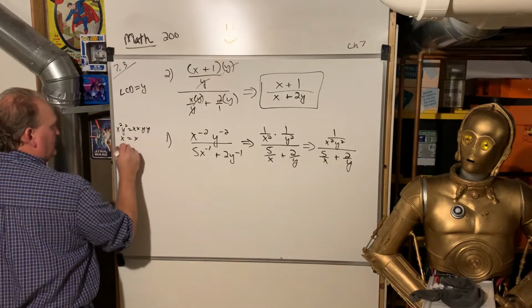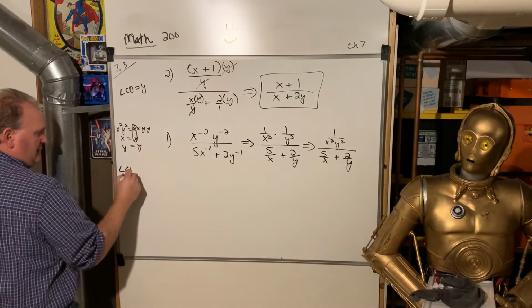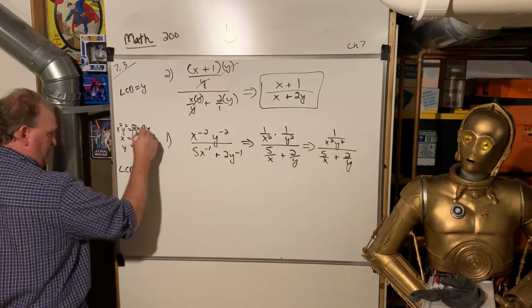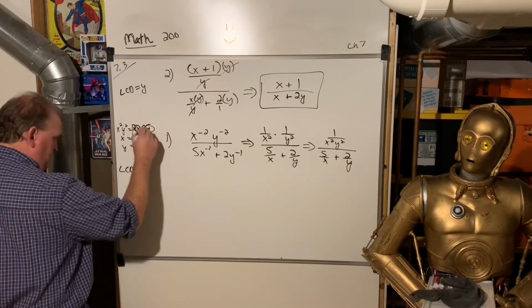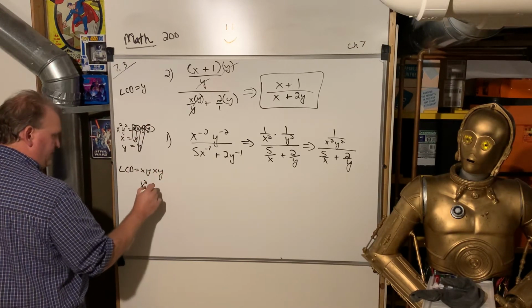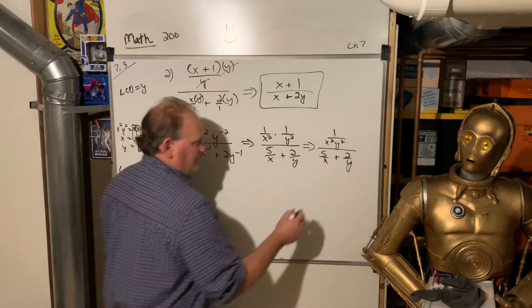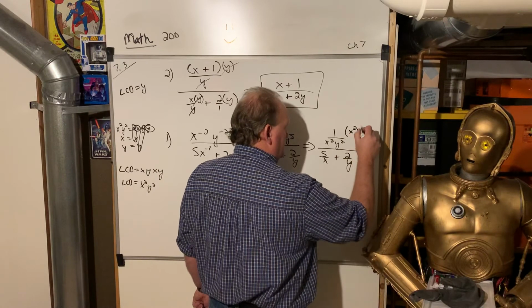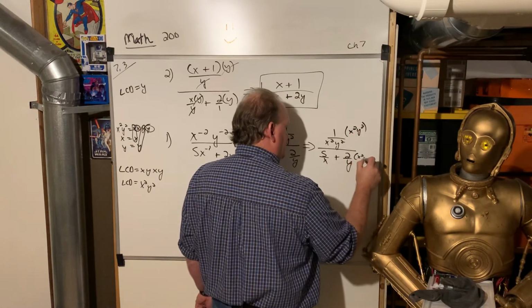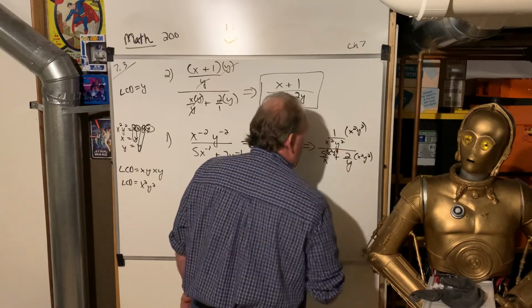X is just x, y is just y. So you take what they have in common. They both have an x, they both have a y, but then you take the leftovers and you end up with x squared, y squared. So that's my LCD, x squared, y squared. I'm going to multiply this by x squared, y squared, this by x squared, y squared, this by x squared, y squared. And let's see what happens.